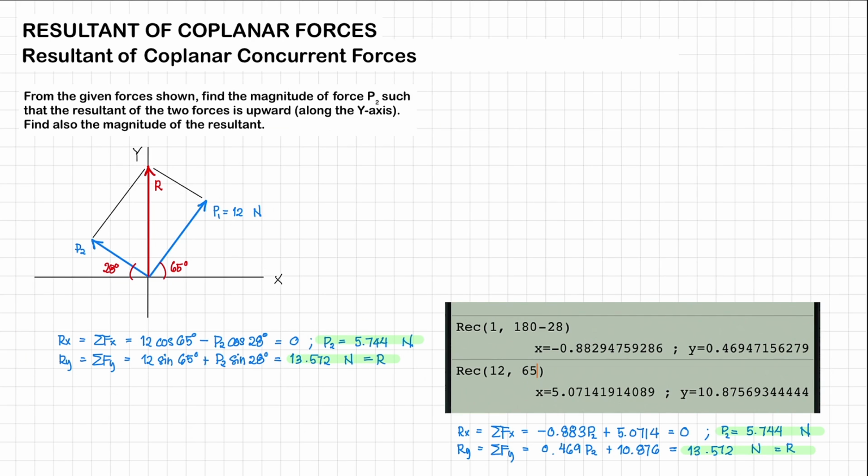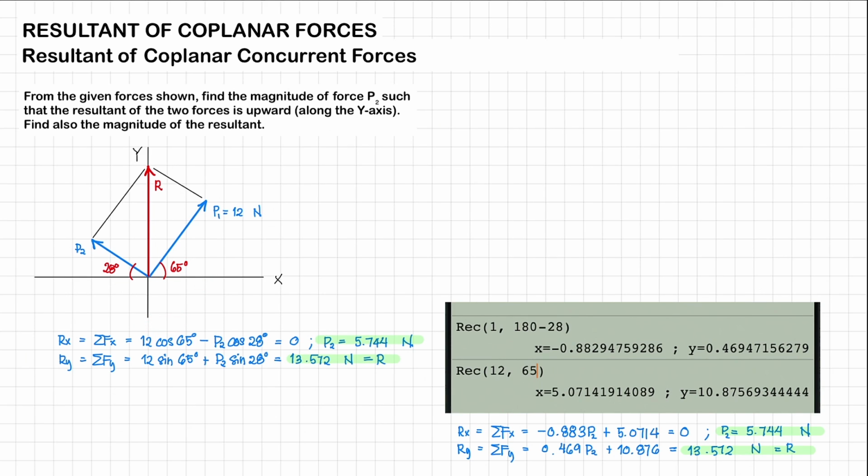So let's try the summation of forces along the x-axis. First off, we have our first force, P sub 1. The horizontal component of that force is going to be 12 cosine 65 degrees.